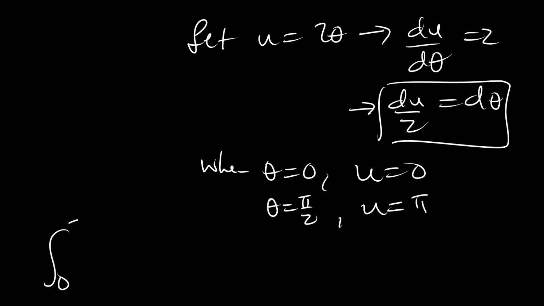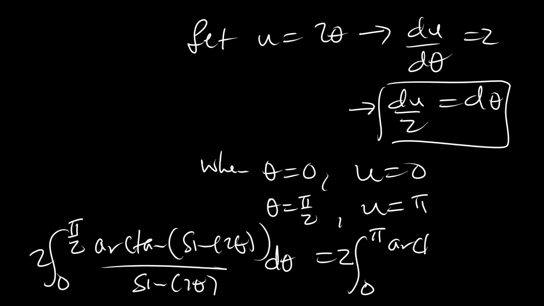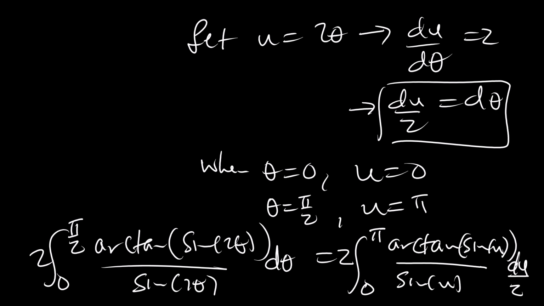So twice the integral from 0 to pi over 2 of arctangent of sine 2 theta over sine 2 theta is the same as twice the integral from 0 to pi of arctan of sine of u over sine of u, times du over 2.